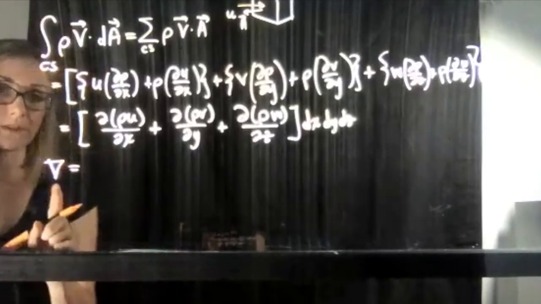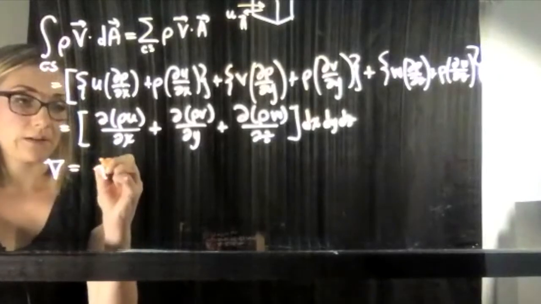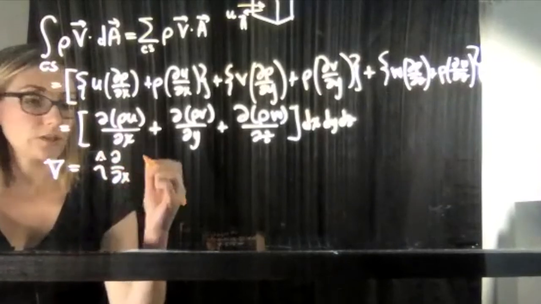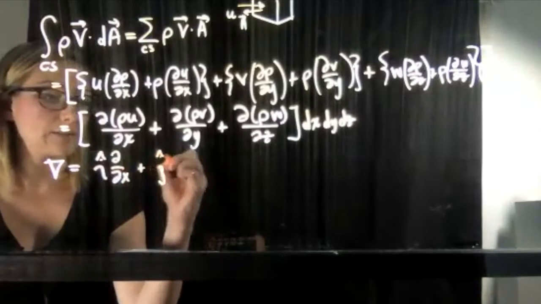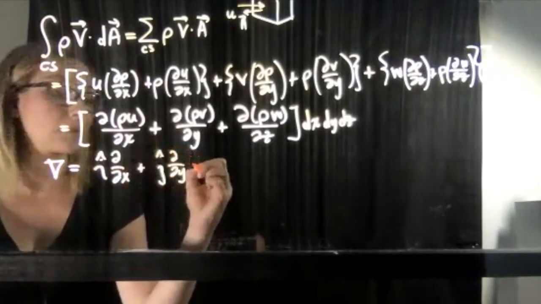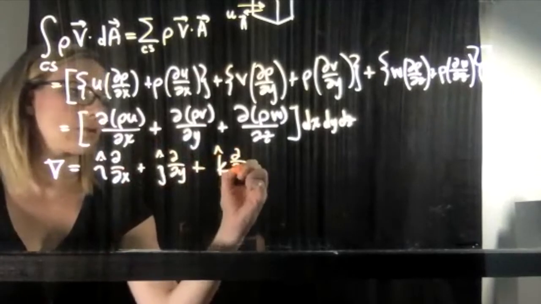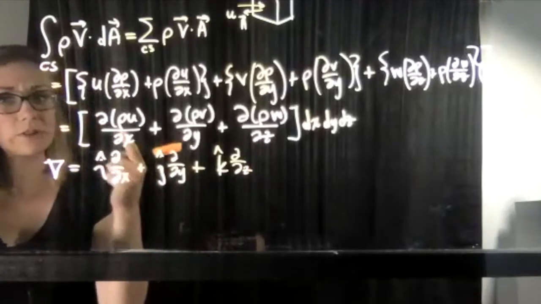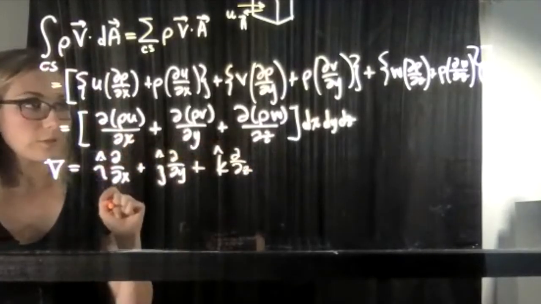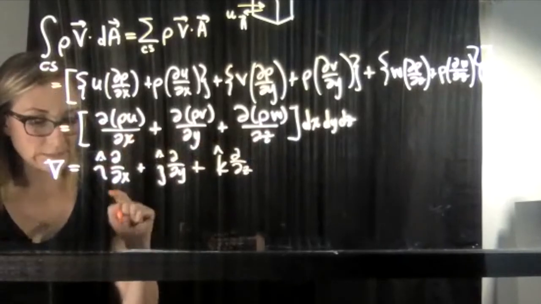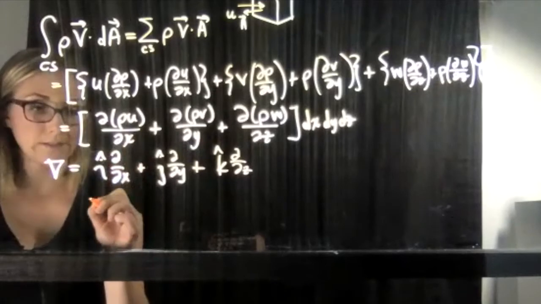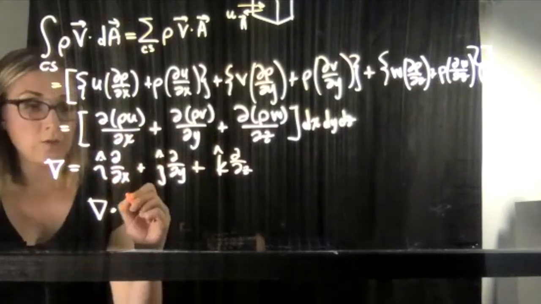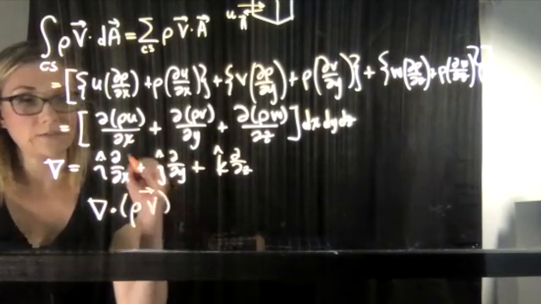It's denoted with this del operator, and it's given by i hat partial d dx, so this is the derivative in the x direction, plus j hat, partial derivative with respect to the y direction, plus k hat, partial derivative with respect to the z direction. And if we look at this term a little more closely, we notice that this is the same thing as writing the gradient operator, which I've written right here, dotted with rho times the velocity vector.